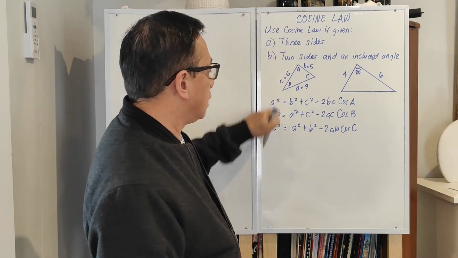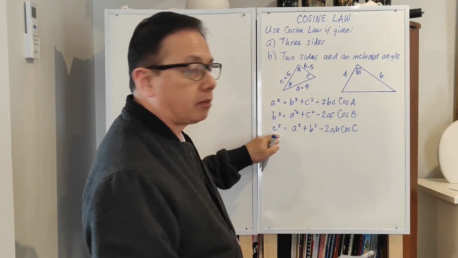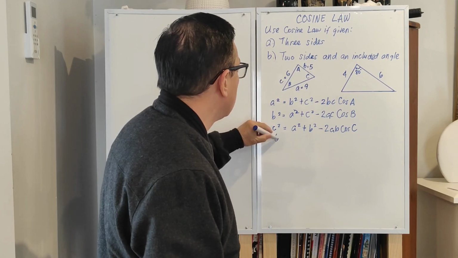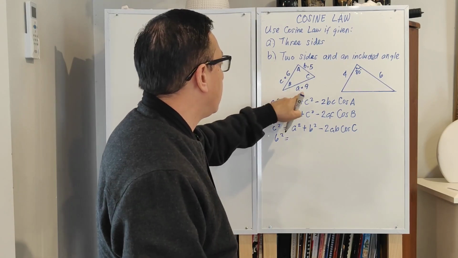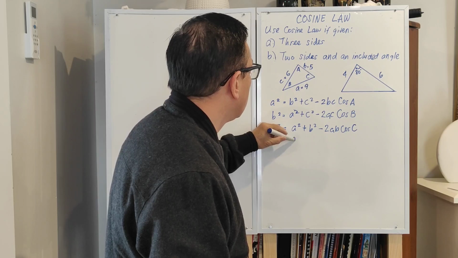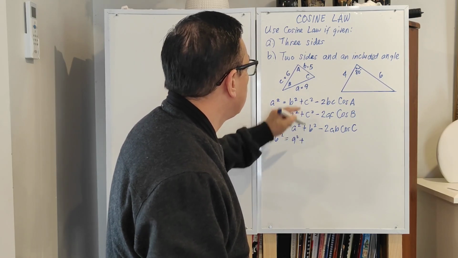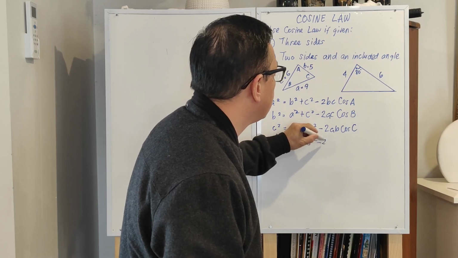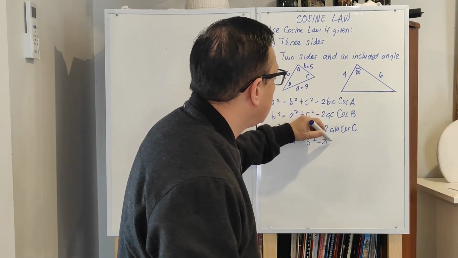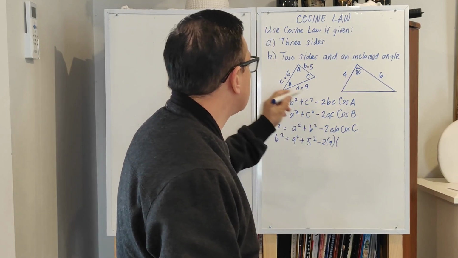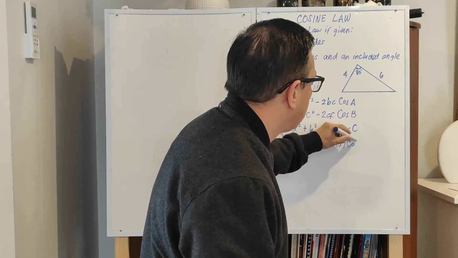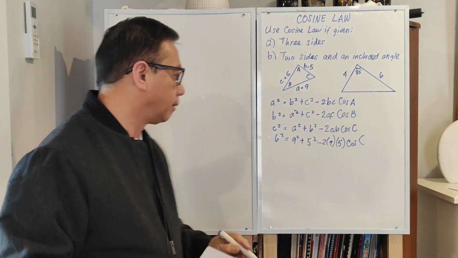So we just plug in the values. So C squared is 6 squared. A squared will be 9 squared. B squared will be 5 squared minus 2 times A, which is 9, times B, which is 5, cosine of C, which we don't know yet.